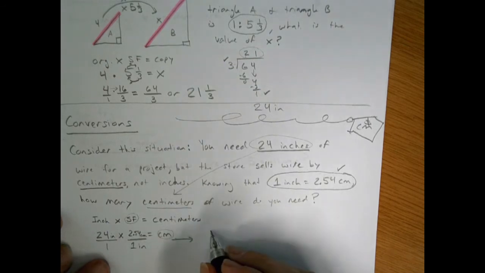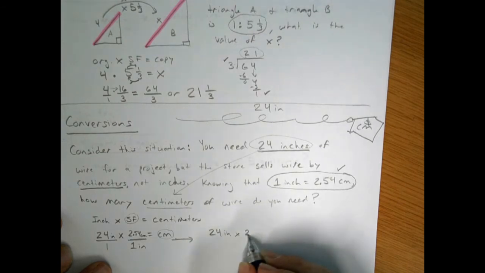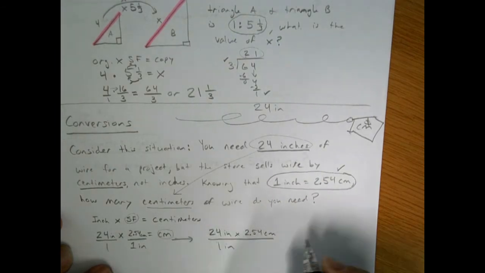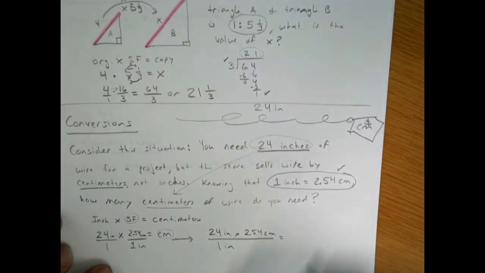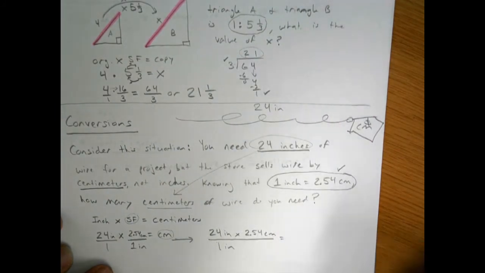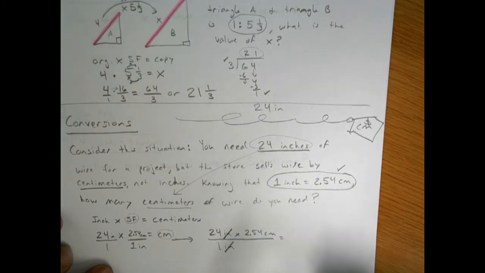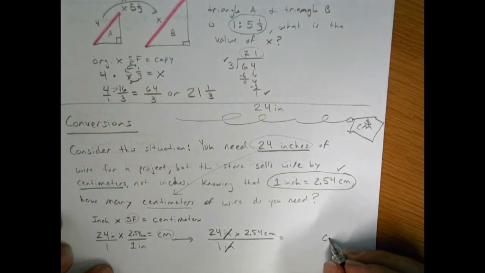Well, I end up with 24 inches times 2.54 centimeters all over 1 times 1 inch over 1 inch equals whatever I'm looking for. And in doing that, what can I cancel out? I can cancel out the term inches, and all I'm left with then is centimeters.